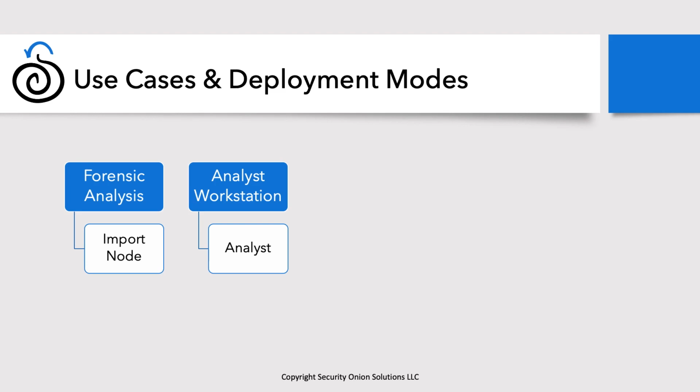We also pre-install some commonly used tools like Wireshark and NetworkMiner, and it's based on CentOS 7. Now, in these two deployment modes, you're not actually capturing live traffic. If you want to capture live traffic or ingest live logs, that's where we have the next couple deployment modes.